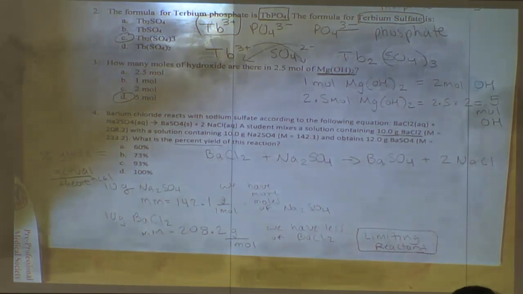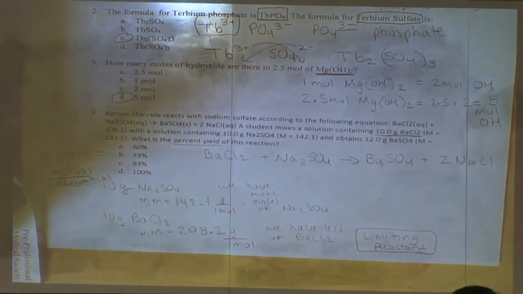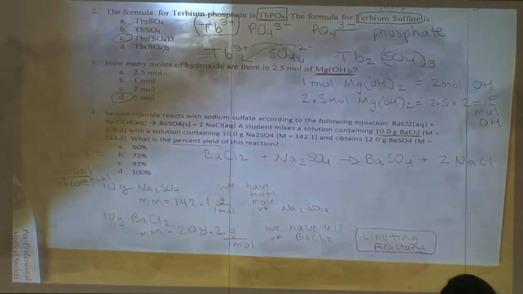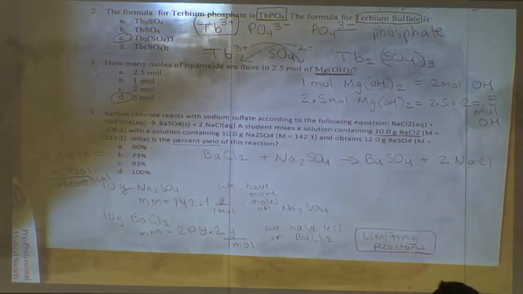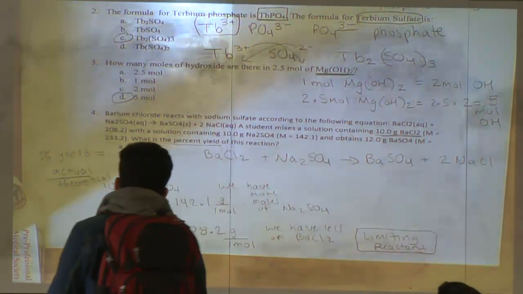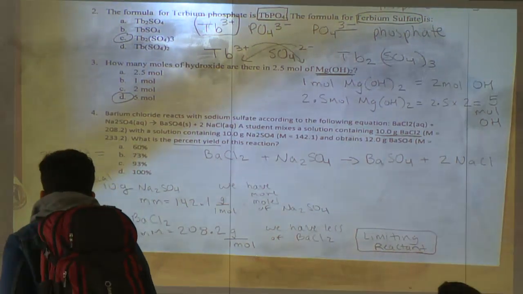So right now in the problem, which one of those do they give us? Do they give us actual or theoretical? What does the problem give us? An actual yield or the theoretical yield? Try to read through it and see which one the problem gives to us.